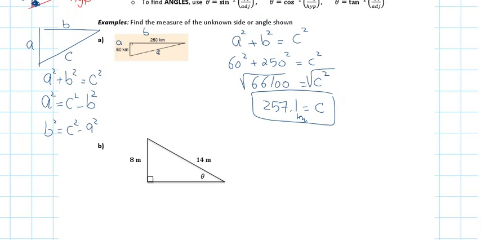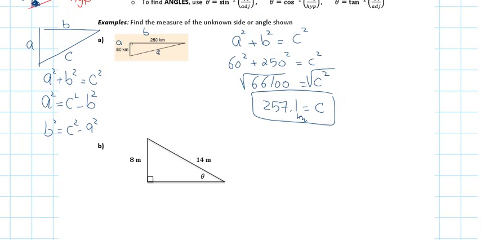So if I'm looking for an angle, theta, what do I have to do here? It's a right angle triangle, yeah? Okay. So the first thing I need to do is name my triangle according to my angle of interest. So which one's my hypotenuse, which one's my opposite, which one's my adjacent?